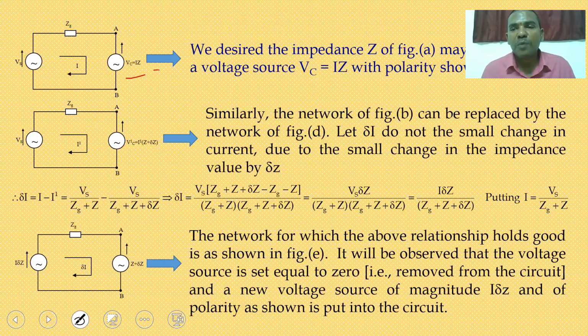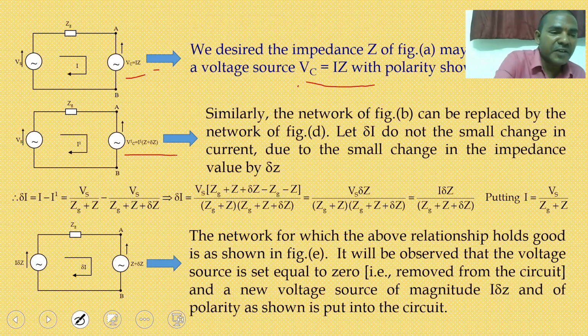What is that compensation voltage? Vc is equal to I into Z with the same polarity. Now for the second figure, due to the increment, the new compensated voltage Vc dash is equal to I dash into Z plus delta Z.